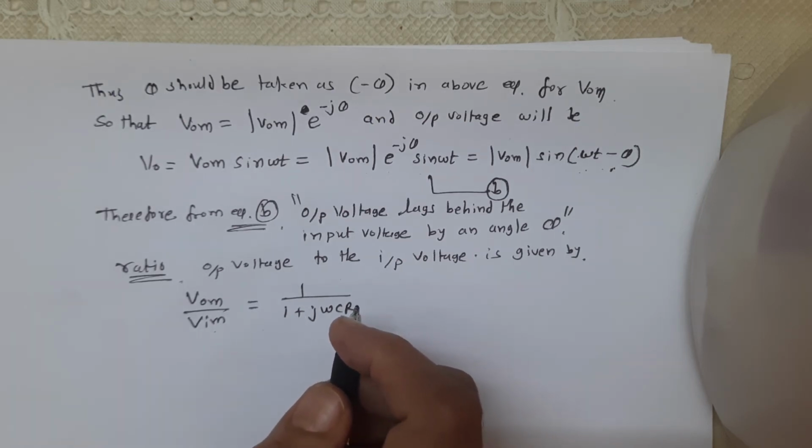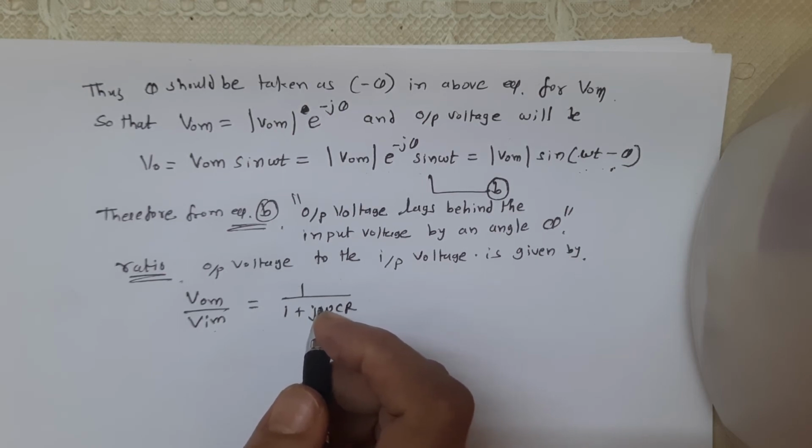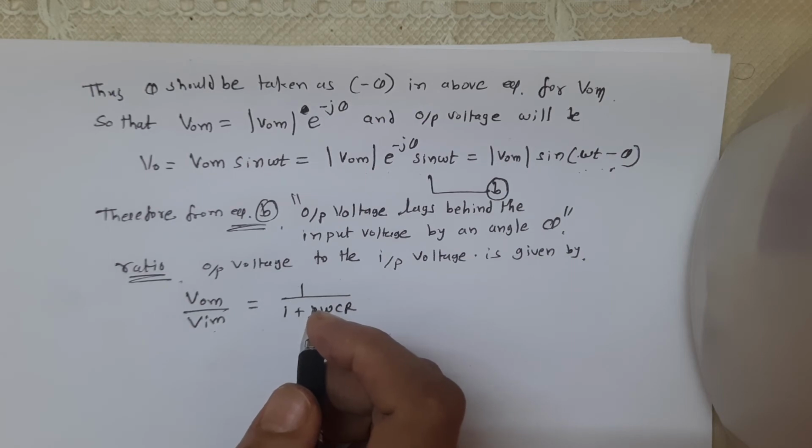And this equation is coming from the starting of the theory, right? When we started the theory, we wrote, see the figure, VO is equal to I, and from this I is equal to VI upon R plus 1 upon j omega C. So the output across C, we write down modulus of VOM e raised to j theta, and from this real part and imaginary part.